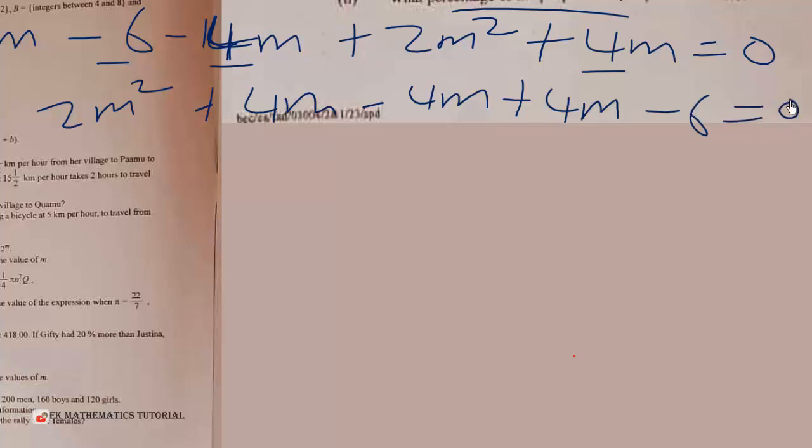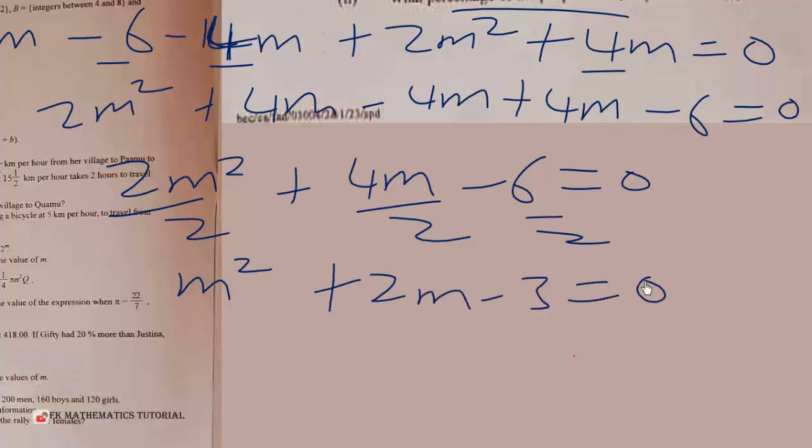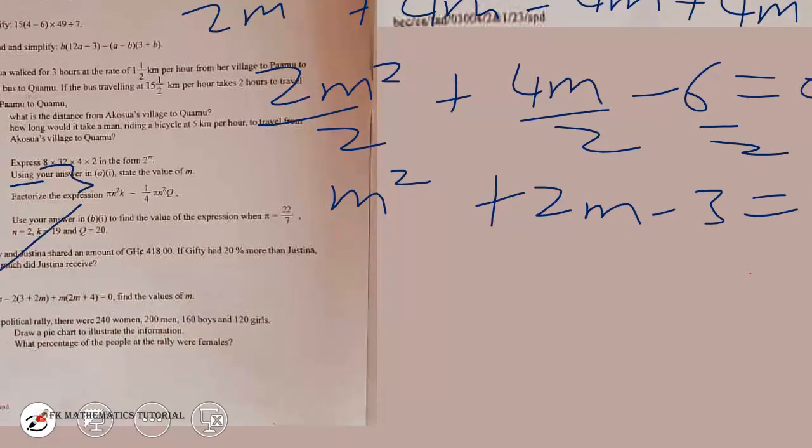So 4m minus 4m will be 0, so we are left with 2m squared plus 4m minus 6 is equal to 0. Let's divide through by 2, and we'll get m squared plus 2m minus 3 is equal to 0. So here you look for two factors of negative 3. So we have negative 1 and 3, also 3 and negative 1.